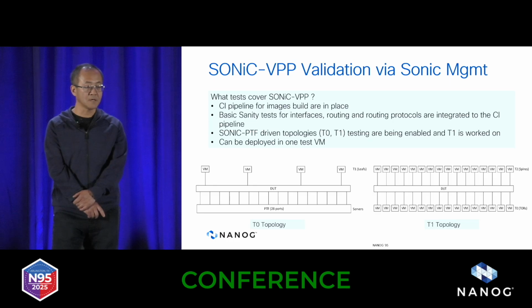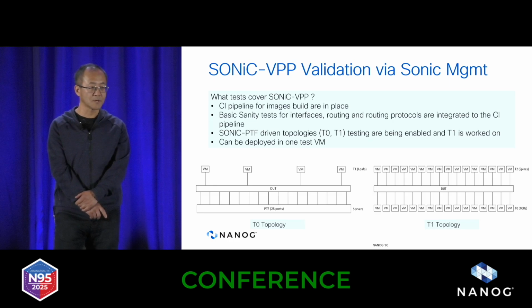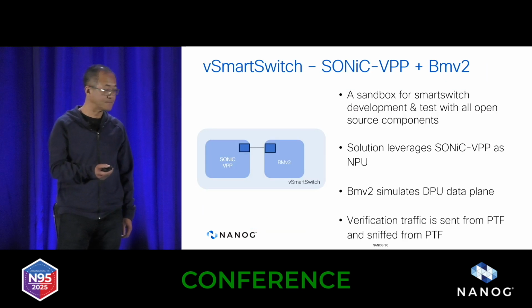All the DUT and all the supporting peers like T0, T2, and PTF, they can run in one VM. And you can say that it probably takes about 16 cores in Azure, at least, for any of these topologies.